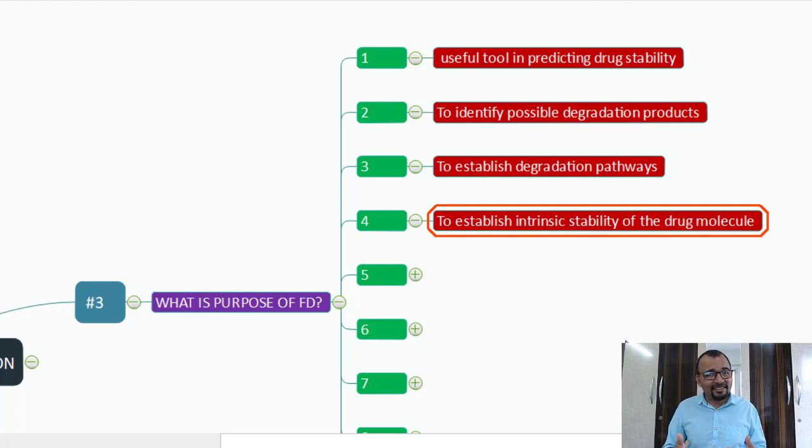But for that reason, first you must understand the intrinsic molecular degradation or the intrinsic molecular stability. So the forced degradation is going to give you that intrinsic stability data in your hand so that you will be able to develop a formulation to stabilize your product throughout its shelf life.